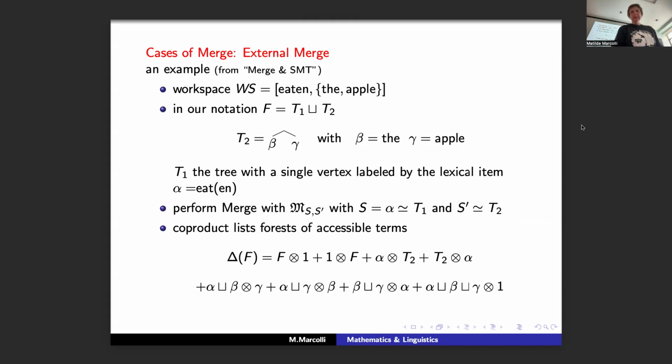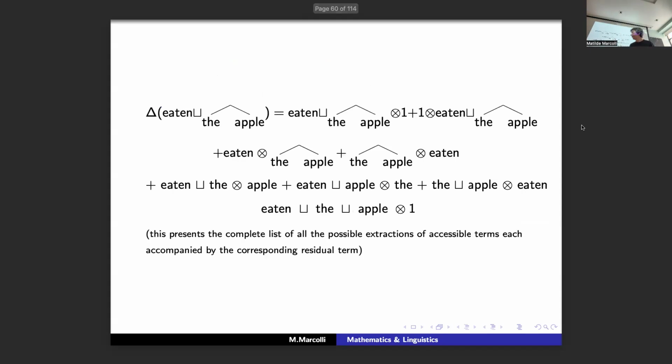In this case, the term that does the matching of the two syntactic objects, we zoom in on the term that has the two matching terms in the left channel of the coproduct. And here it actually comes directly from this primitive part of the coproduct.